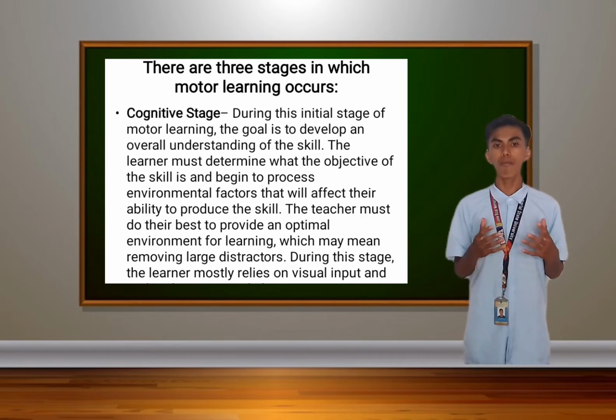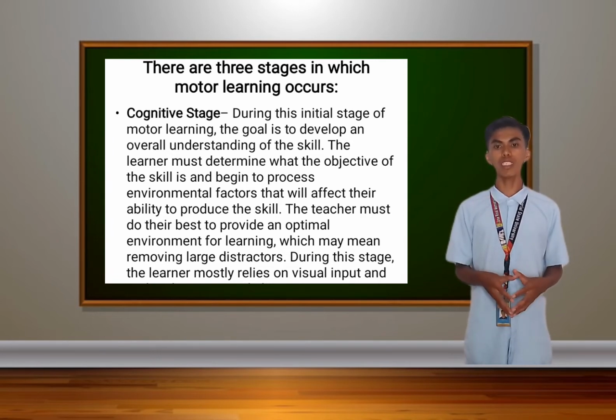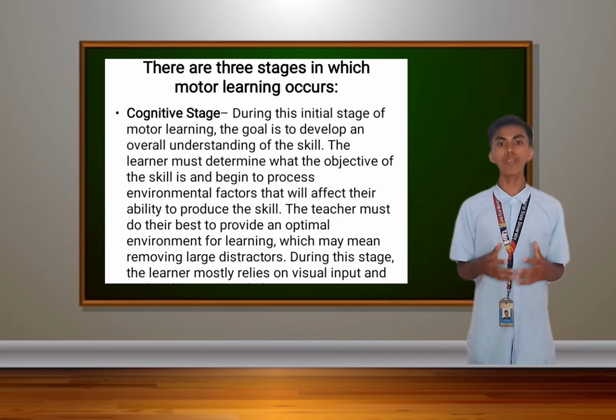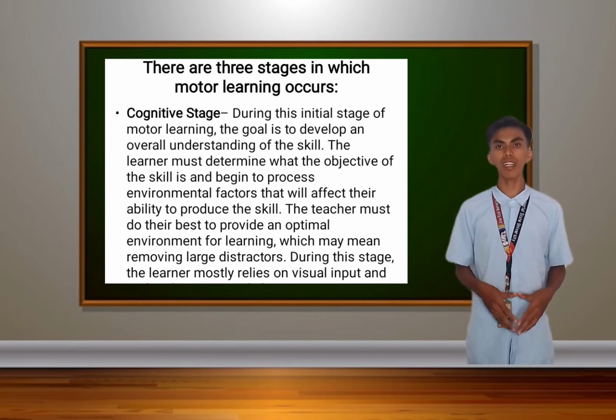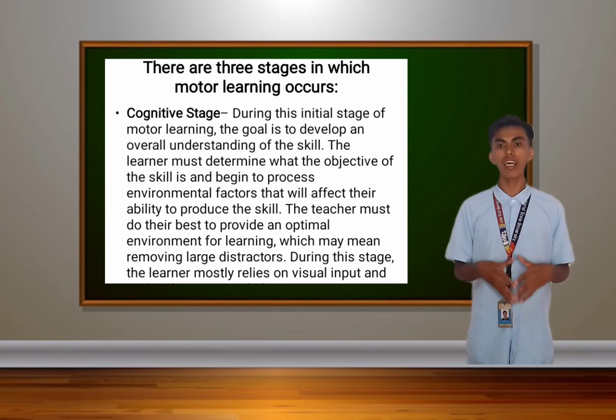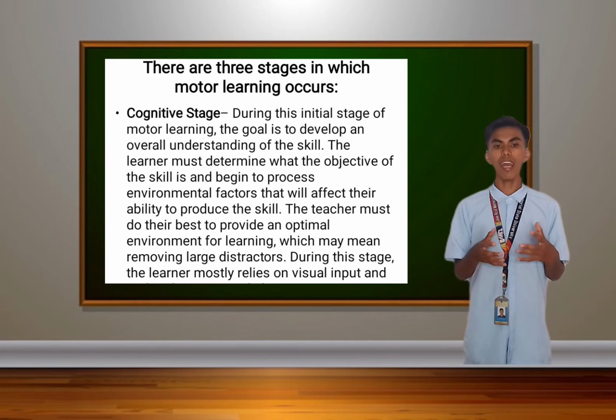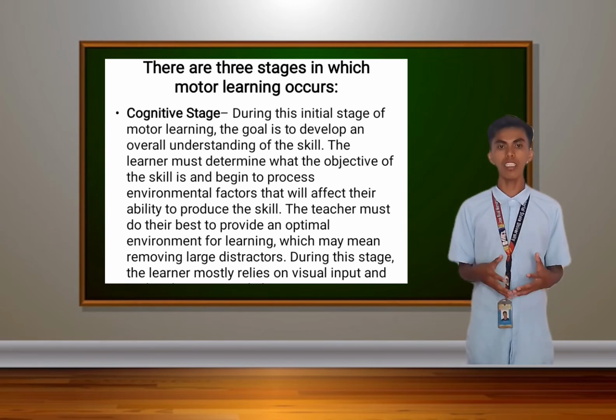The learners must determine what the object of the skill is and begin to process environmental factors that will affect their ability to produce the skill. The teacher must do their best to provide an optimal environment for learning. During this stage, the learner mostly relies on visual inputs and trial and error to guide learning.